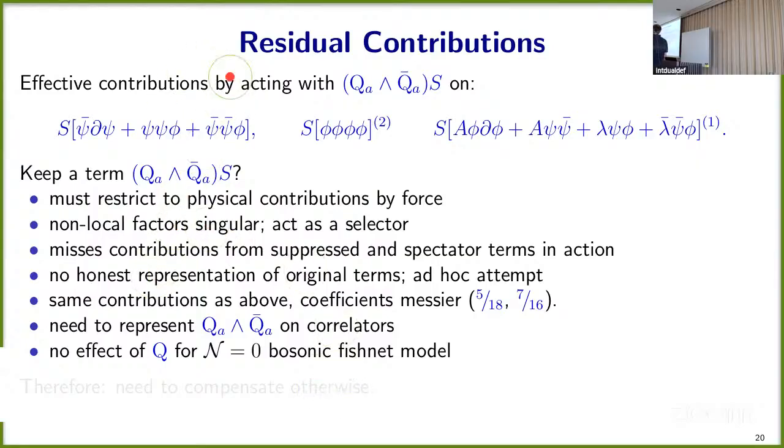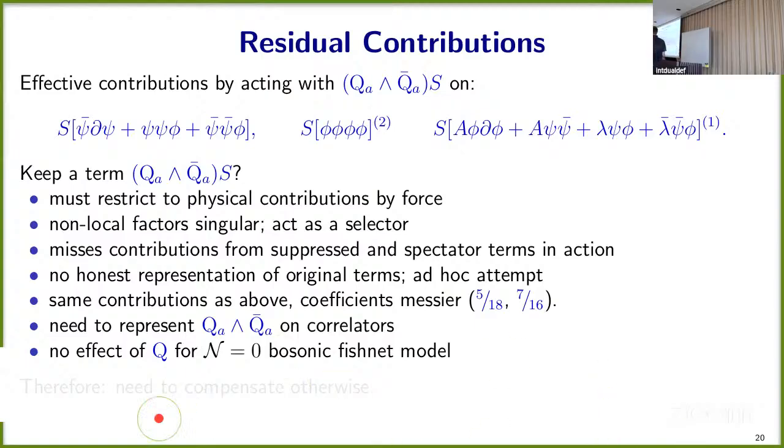If you do it, you will get some contributions from these terms, but the coefficients are much messier than before. And you wouldn't even know how to represent this on correlators. You would have to represent that at the end of the day also on correlators. But if it somehow introduces unphysical fields, that wouldn't be helpful.